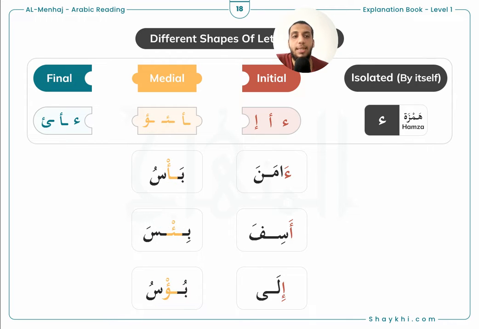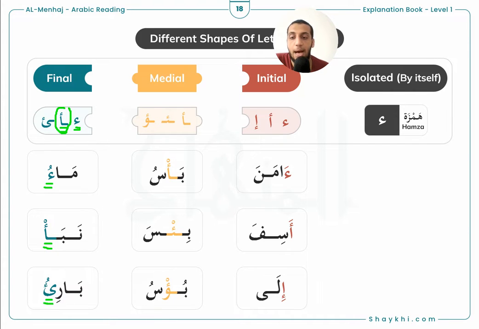Let's take the last examples, of the final forms. We have this shape Ma, as we can see in this final form, and we also have Naba, this shape. And finally Bari'u, Hamza above ya, as you can see in this shape.